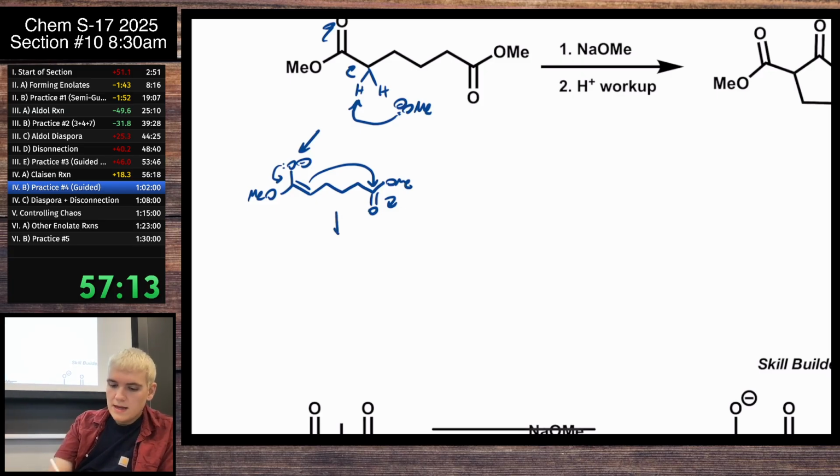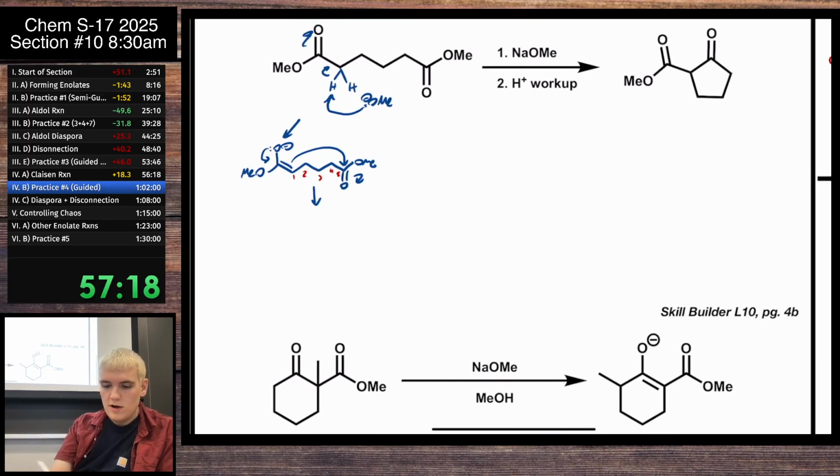So when we do that, we're making a 1, 2, 3, 4, 5-membered ring. Beautiful. That's what we want. I'll number 1, 2, 3, 4, 5. In carbon 1, we've reformed our carbonyl. 2 is boring, 3, 4 is boring, 5 is not boring. 5 has an O- and an OMe.